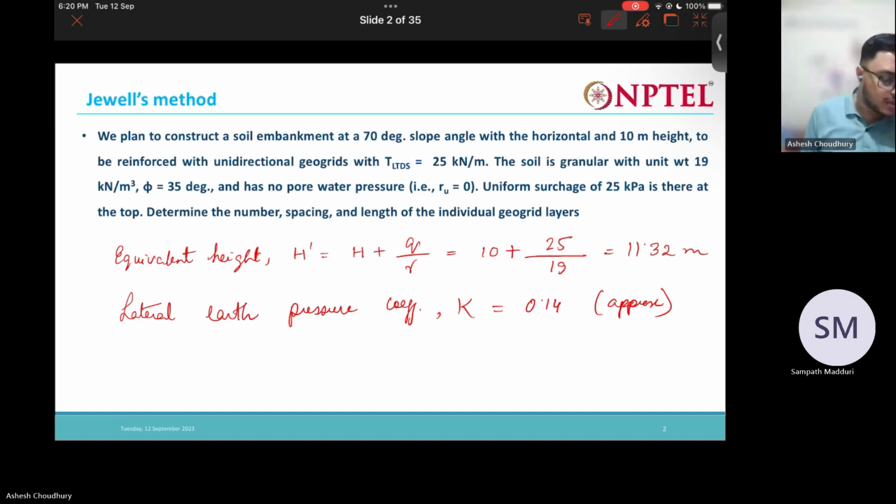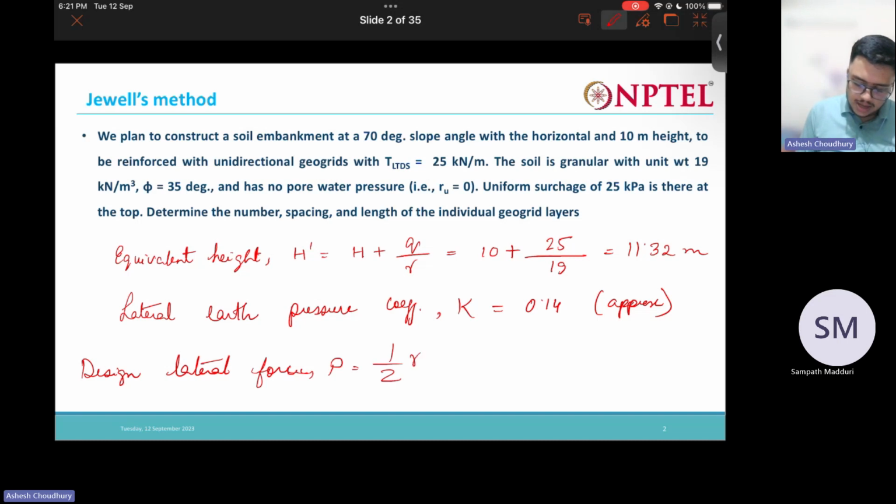All right. Now using this, we will determine the design lateral force, that is half gamma H dash square into K. So half into 19 into 11.32 square into 0.14.